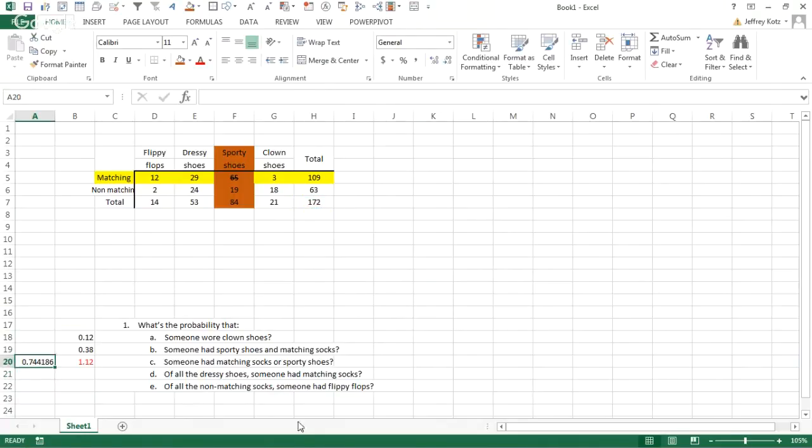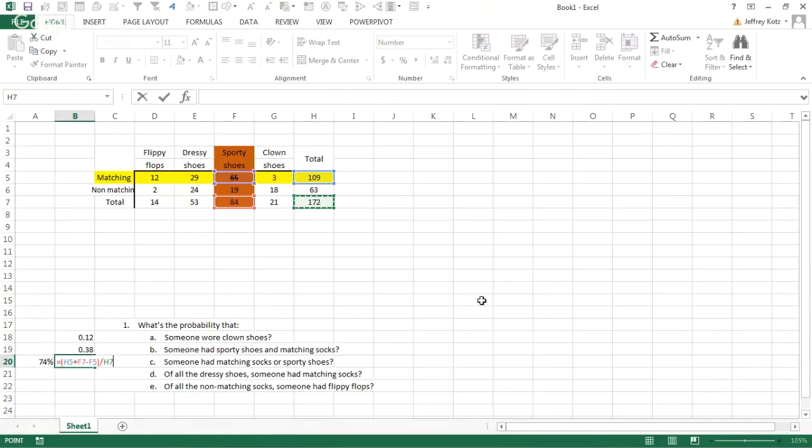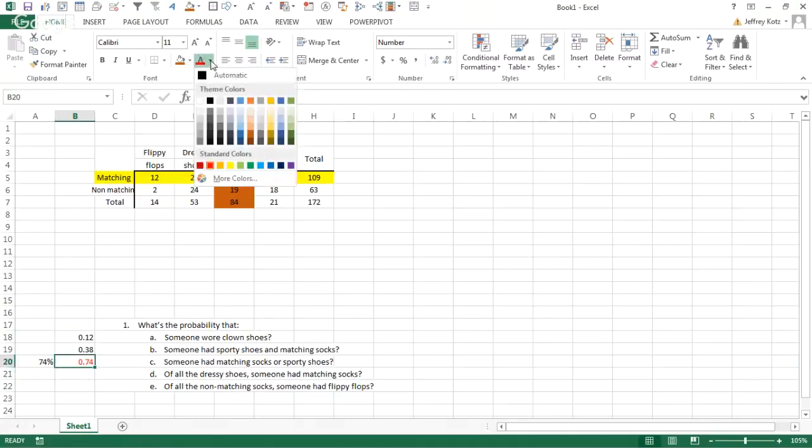And that gets us to approximately 74%. Put it another way, the total number of people wearing matching socks plus the total number of people wearing sporty shoes minus whatever the overlap is, because you only want to count once, divide it by the total number of people, 0.74. And that looks like the way it's supposed to look now.